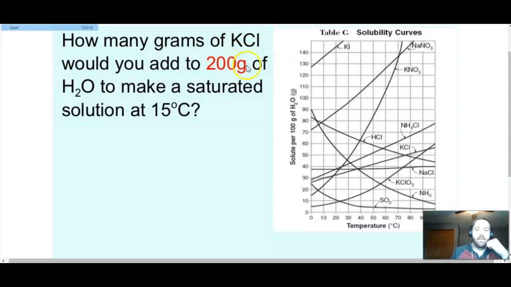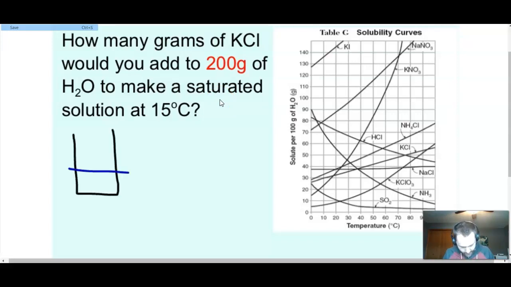How many grams of potassium chloride? Ooh, so now what you're going to see is that's 200 grams of water. Sometimes students make these a little bit harder than it needs to be. What it's really saying is, here you have your glass of Kool-Aid. It's at 100 grams, and maybe you can dissolve one packet.